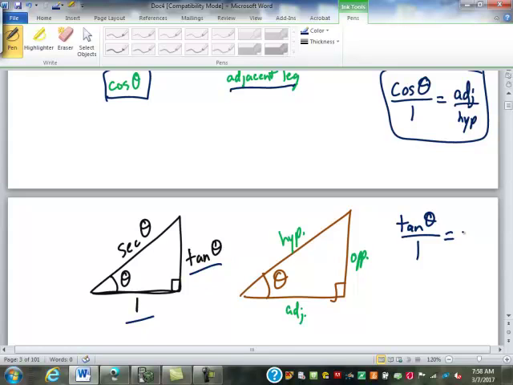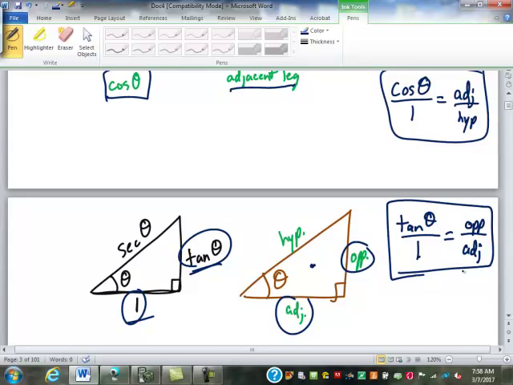In the other triangle over here, which side corresponds to the tangent? The opposite, right? Then I have the 1. Which side over here corresponds to the 1? The adjacent. So the tangent of an angle is equal to the length of the opposite side divided by the length of the adjacent side.